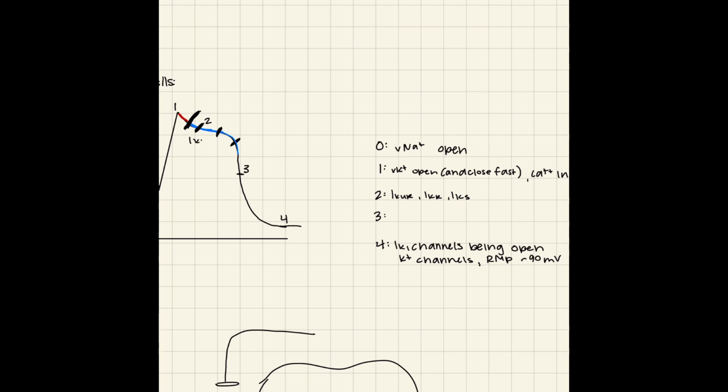IKur opens first, then IKr, then IKs. All of these are potassium channels, and all of them let potassium out of the cell in hopes of bringing the cell down to resting membrane potential. All of them are fighting against calcium flowing into the cell, hoping we can overcome that calcium influx. As we hit IKs, we're going to start turning that curve.